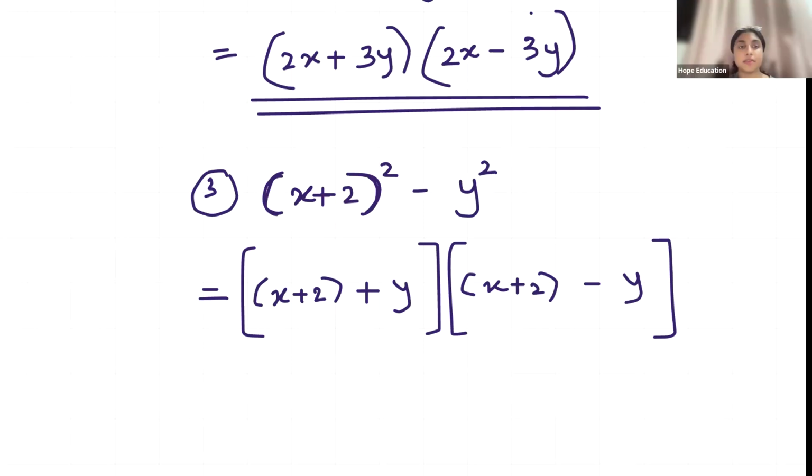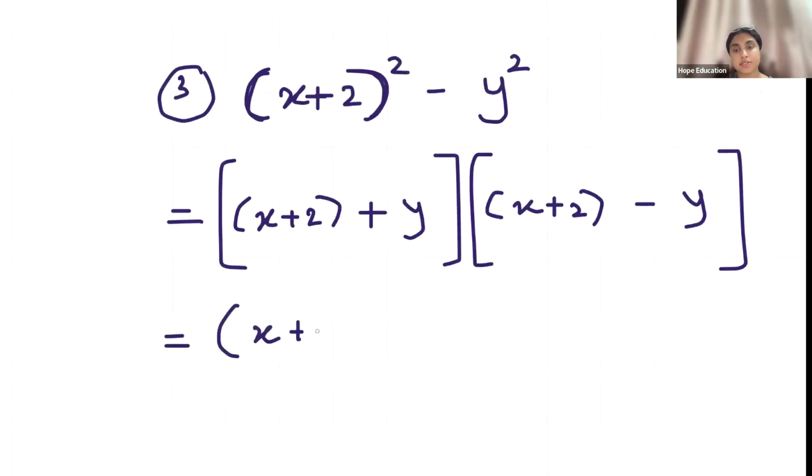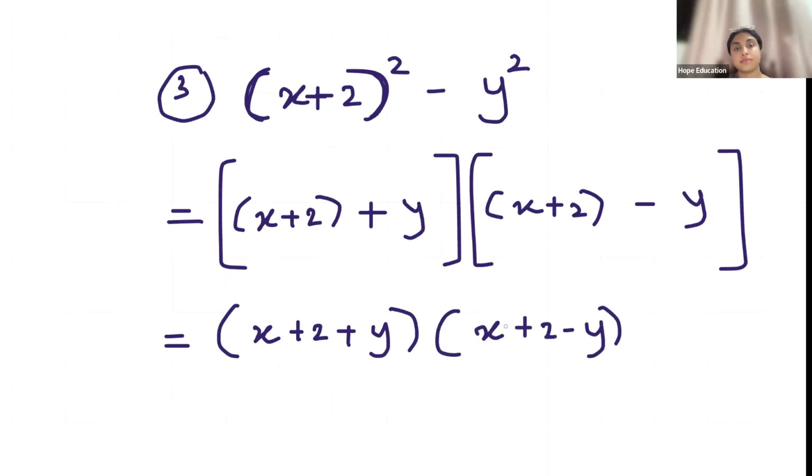Now for further simplification, what do we do with the inside? Here x plus 2 has no other multiplying, it's just addition. So I can directly write plus y. Here x plus 2 minus y. This is how we get that answer. Is that clear again to all of you?